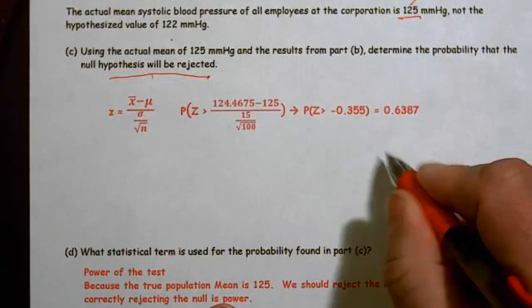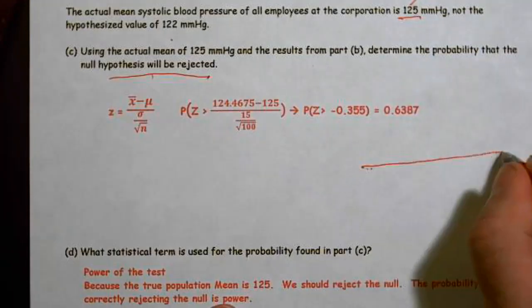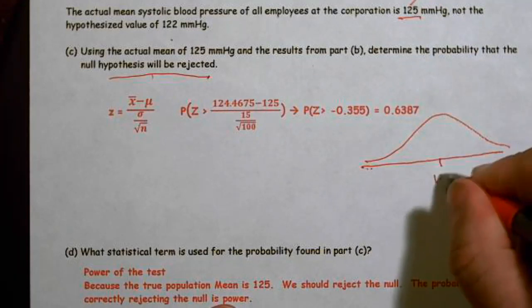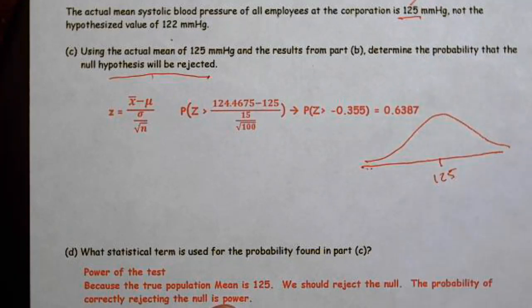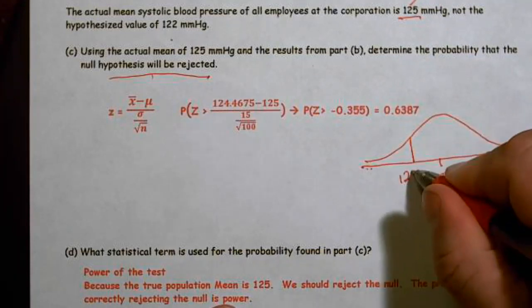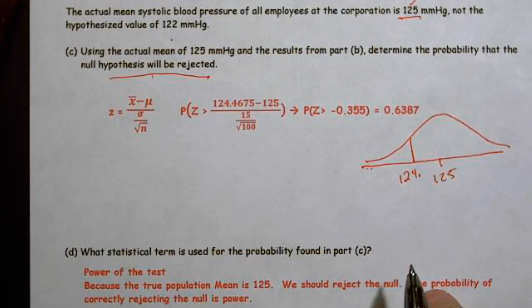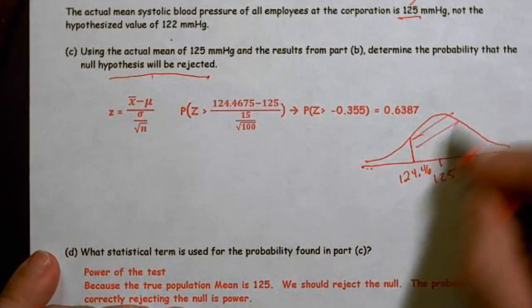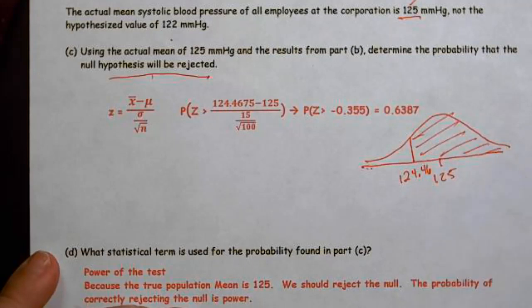All right. So with that said, our true population mean happens to be 125. That's the true population. We want to know the probability that we're going to get a sample of the 124.46. Well, we can see that this is going to be greater than 0.5. All right.